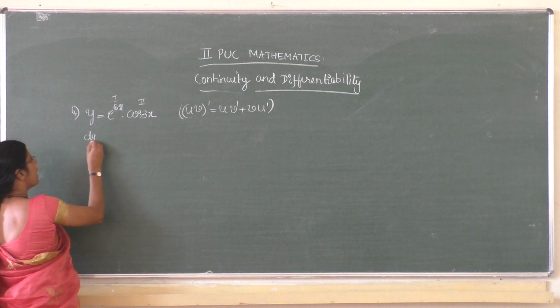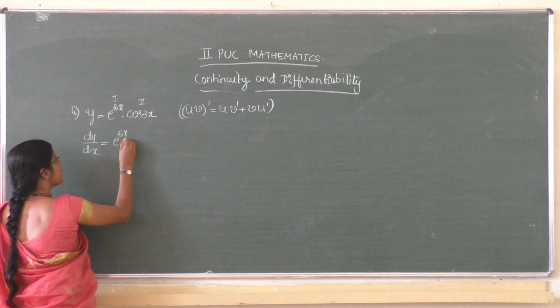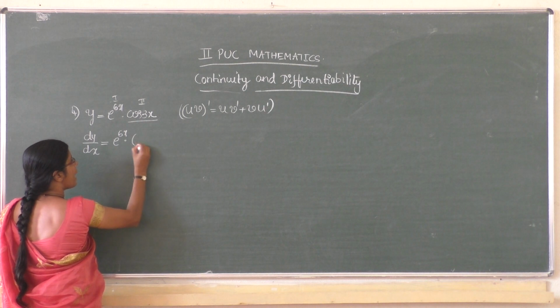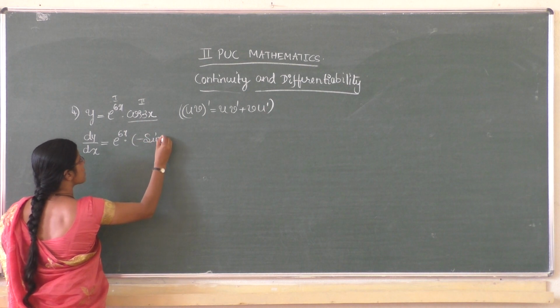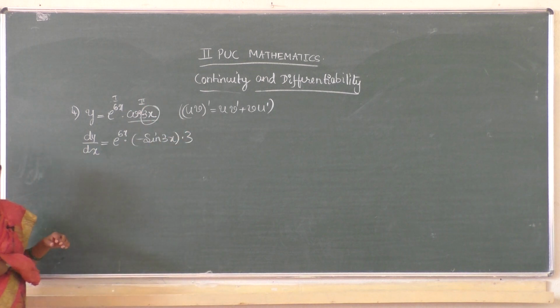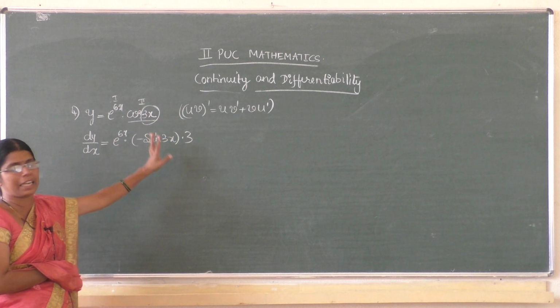So dy by dx is equal to the first function as it is, derivative of cos 3x, that is minus sin 3x into 3, the coefficient of x, because you have to differentiate 3x with respect to x, that is 3.